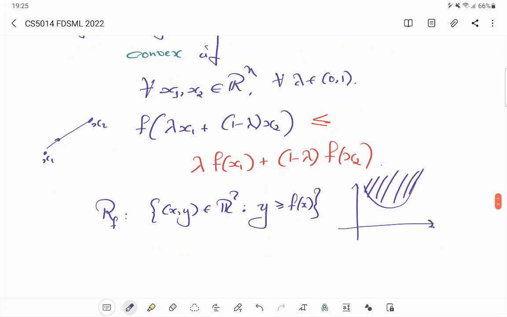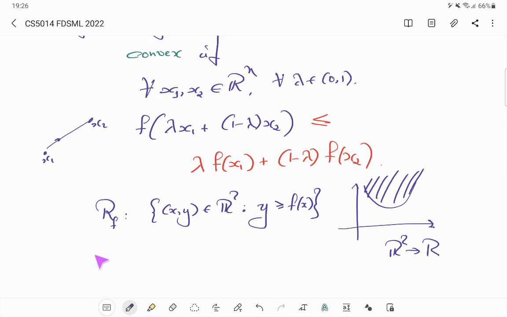In 3 dimensions, if it was a function from R squared to R, then instead of this curve you should visualize something like a bowl, and this is the whole volume above that bowl.